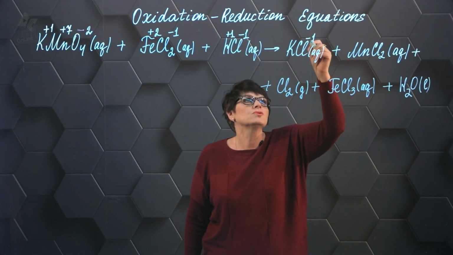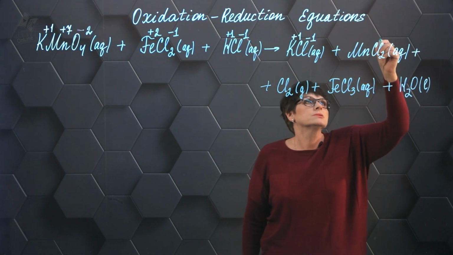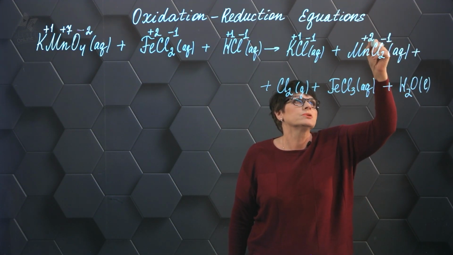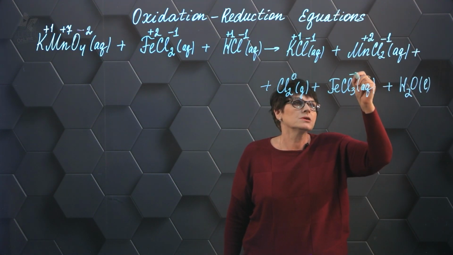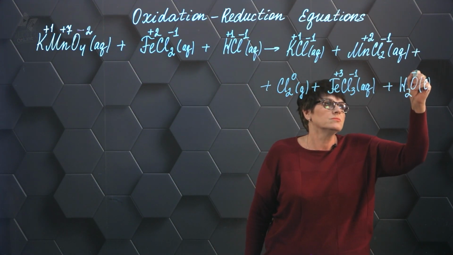Potassium chloride has chlorine -1, potassium +1. Manganese chloride (MnCl2) has chlorine -1, manganese +2. In the simple substance, chlorine 0. Ferric chloride (FeCl3) has chlorine -1, iron +3, in water -2, hydrogen +1.